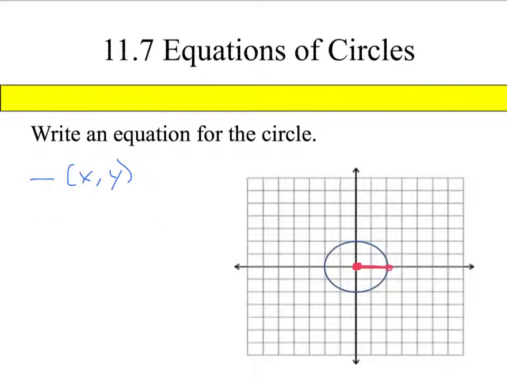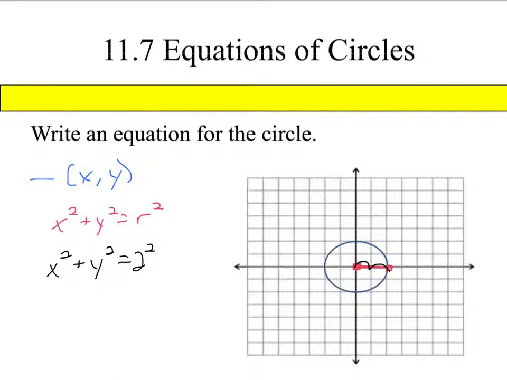When we write this, okay, again, we've been talking about, well, you get x squared plus y squared is equal to your radius squared. Okay, well, if I look at that, we don't know our x, so we're going to leave x squared there. We're going to leave y. We don't know our y squared. But we do know our radius, and if you look at this, the length of our radius would be 1, 2.